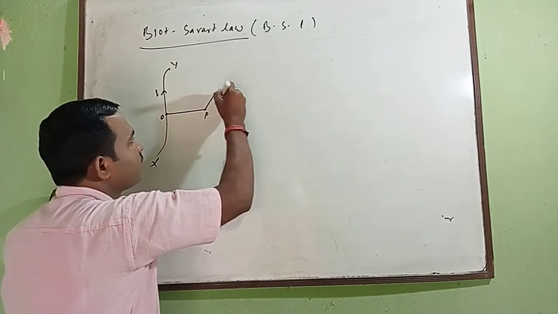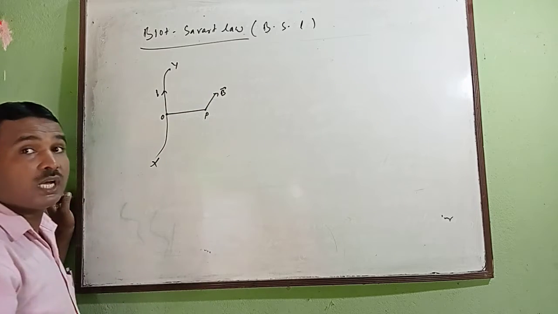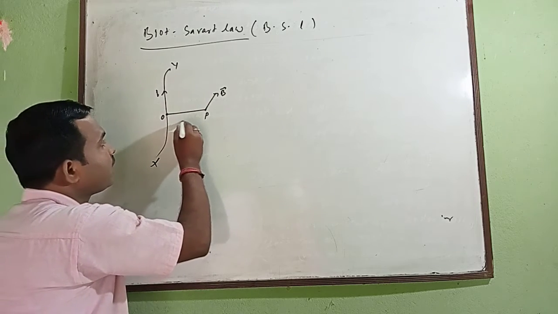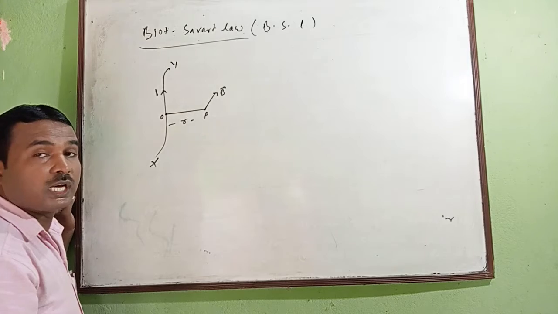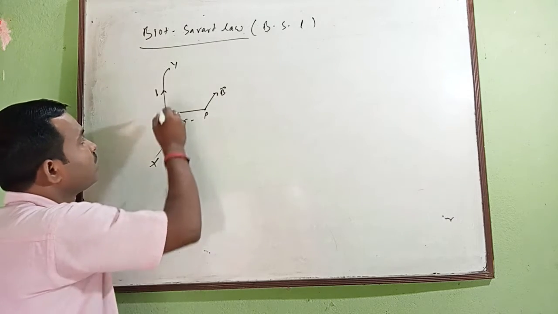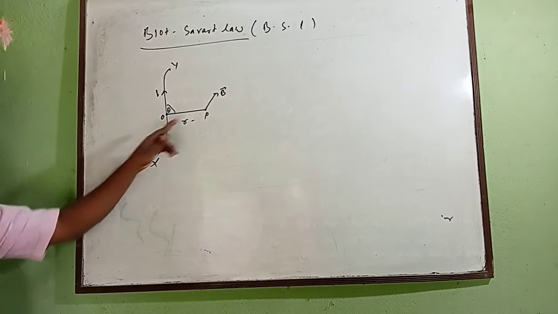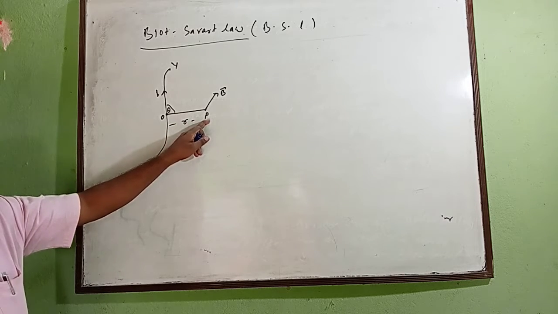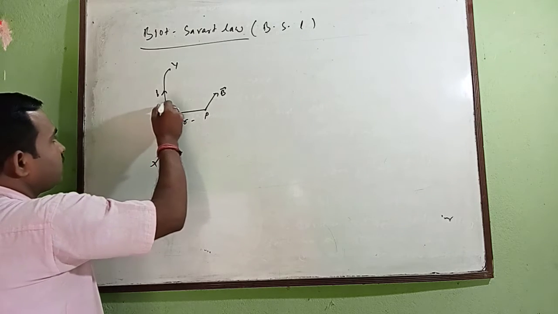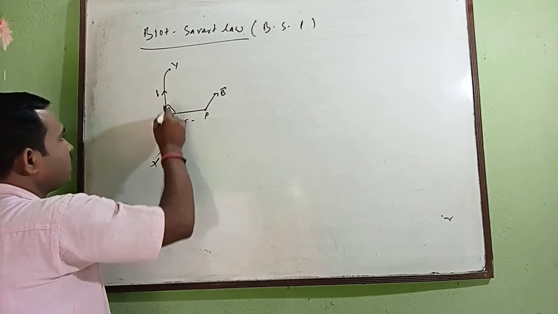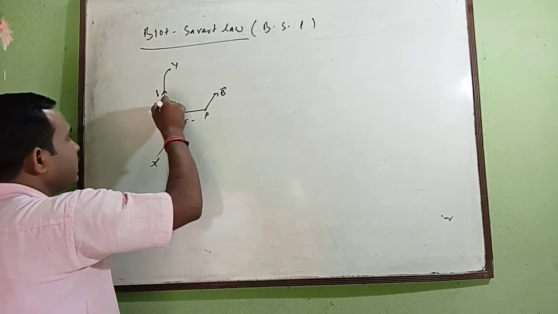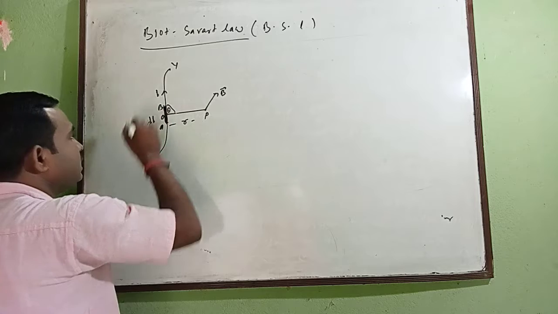Suppose that B is the magnetic field, and r is the distance between them, and suppose that theta is the angle between them. Here this is the observation point, and this elementary portion you can mark here, this is A and B, and this is the length dl.